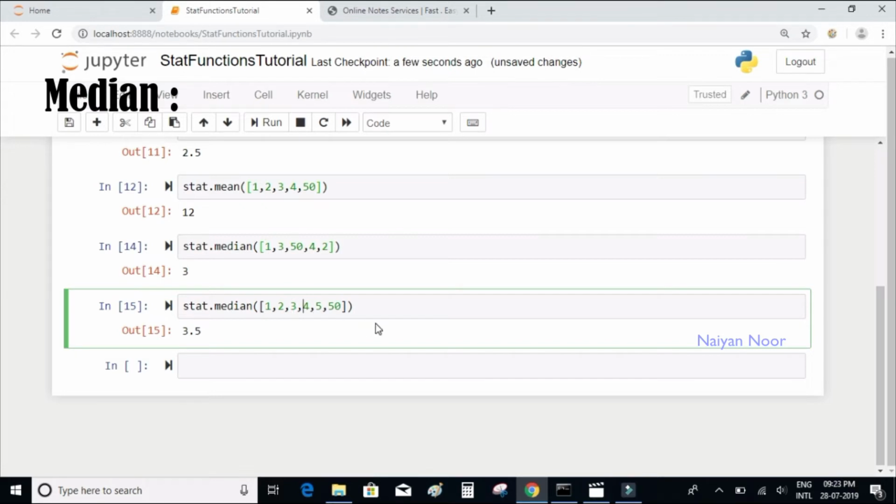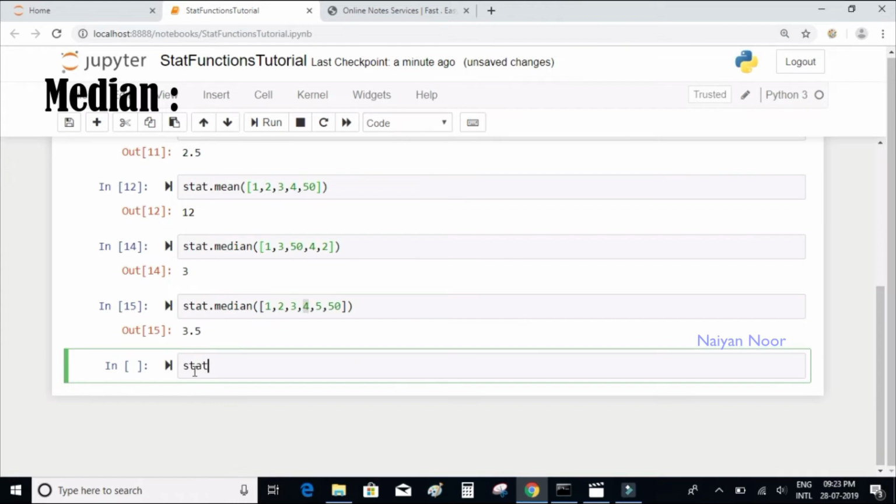If you don't want the average of the middle two, we can use median low and median high. I don't want to average this, I want either 3 or 4. The median low will return 3 and the median high will return 4. So we'll write stat.median_low, and pass the same list.